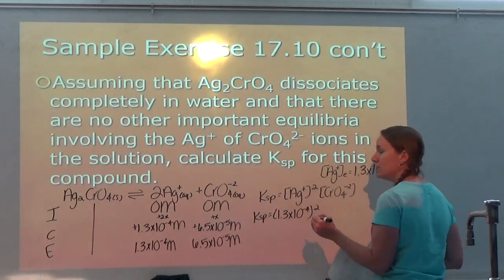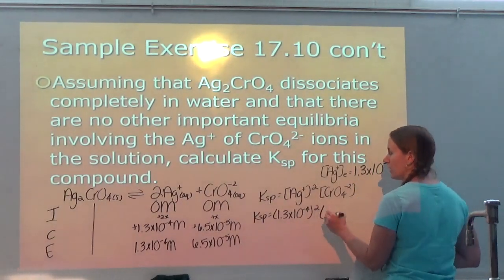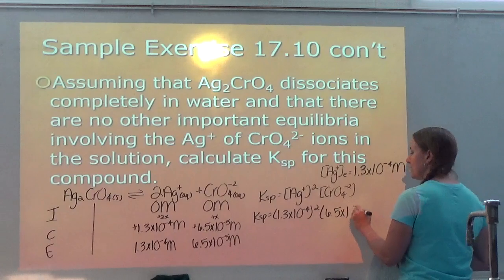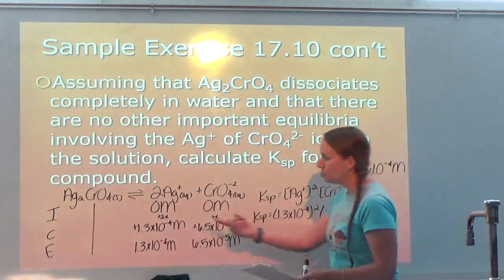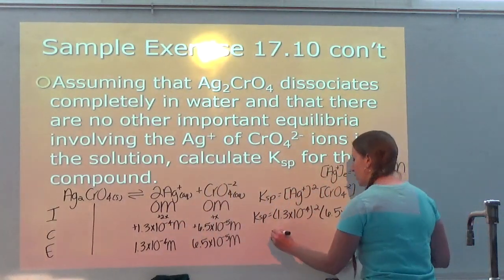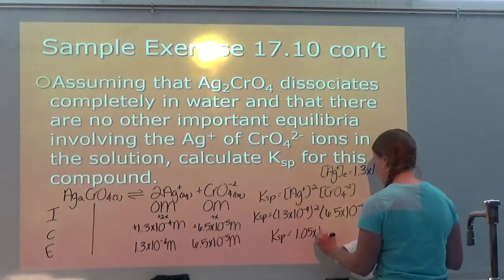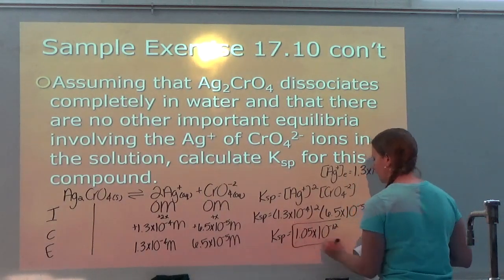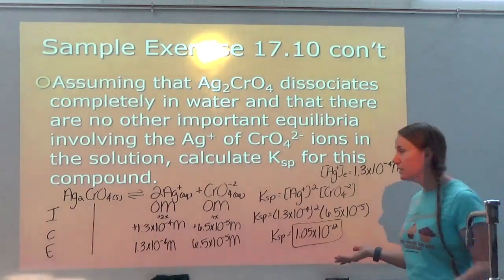I'm going to drop those units just because K has no units, times my chromate. And don't forget to square the silver. Since we've been doing titrations and pretty much everything was 1 to 1, we haven't had to use the plus 2x or squaring anything for a while. Once I solve, KSP ends up being 1.05 times 10 to the negative 12. Just like that. So that's all you have to do to solve for your K value.